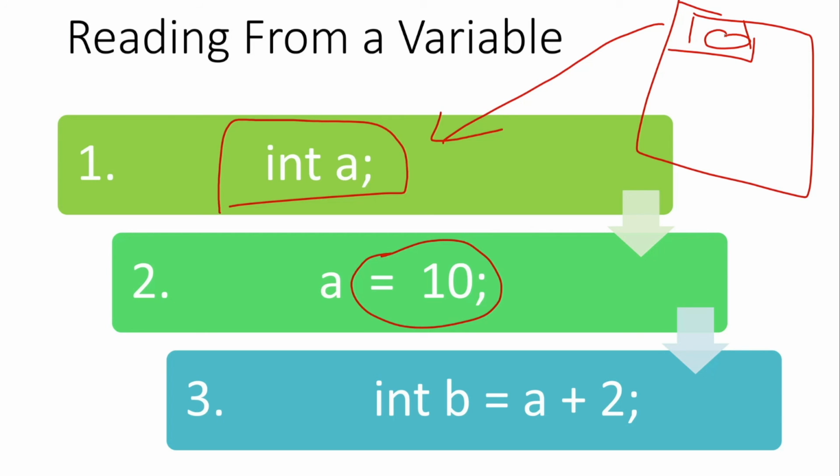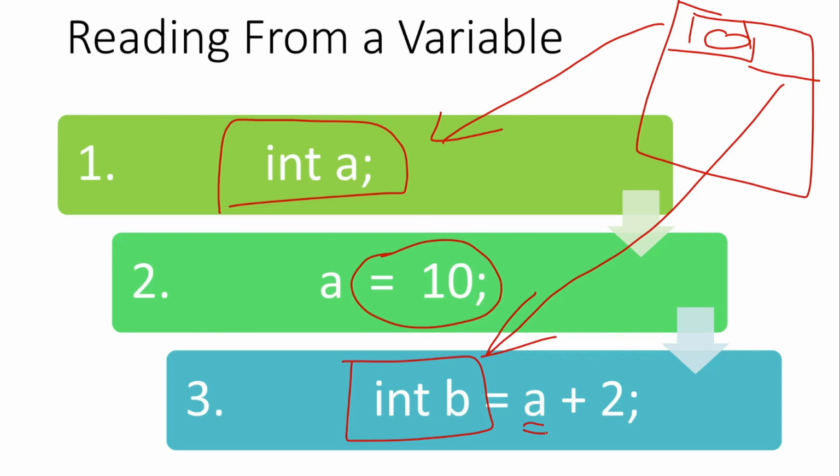Now, in line 3, we are defining a new variable, which is int b, and we are saving a little bit of space for it in the memory. And then we are recalling a. So a is correlated with the address. In computers, instead of the address being 1 and then 2, this is the 0th part of the memory, and this would be the first.